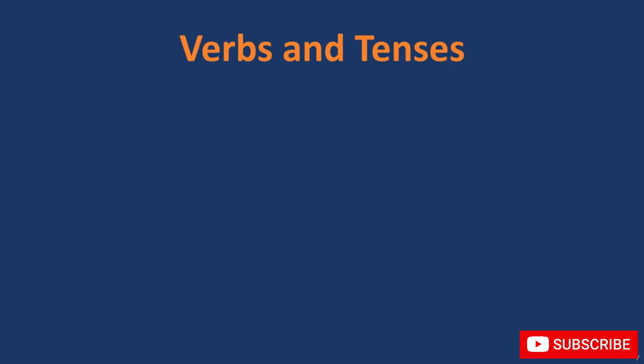Verbs and tenses. We are going to speak about the relation between verbs and tenses, and what we mean by the word verbs. Most verbs are action words. I need to remind you that if I need to form any sentence, I have to start with subject, verb, and object.